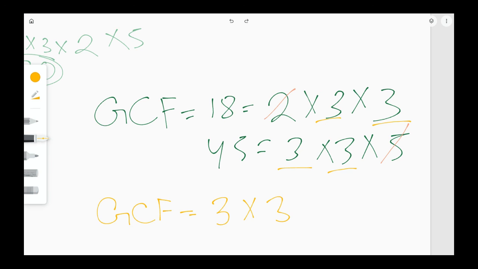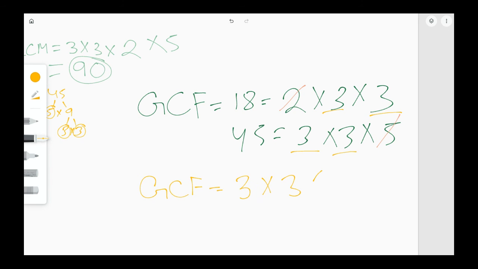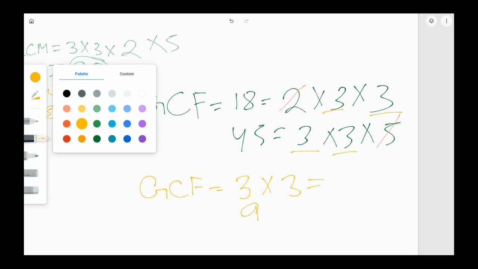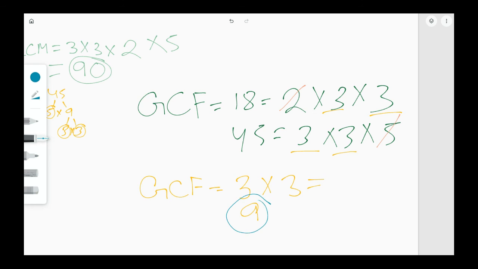I'm just going to write out two 3's, because we need to multiply only one side. So 3 times 3 equals 9. So my GCF is 9. There we go, we got our answer.